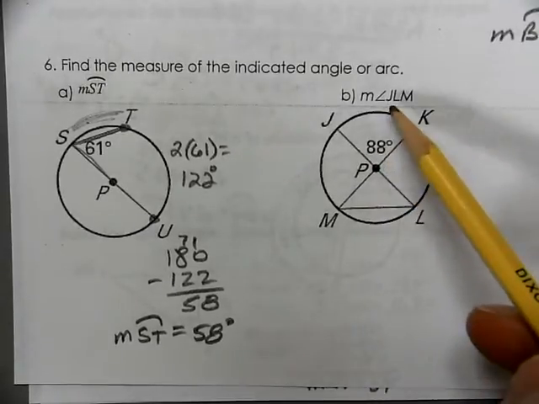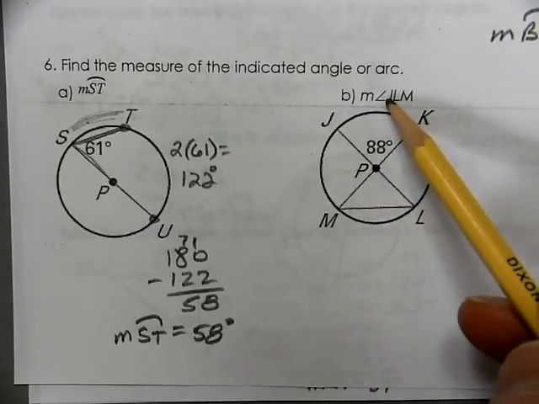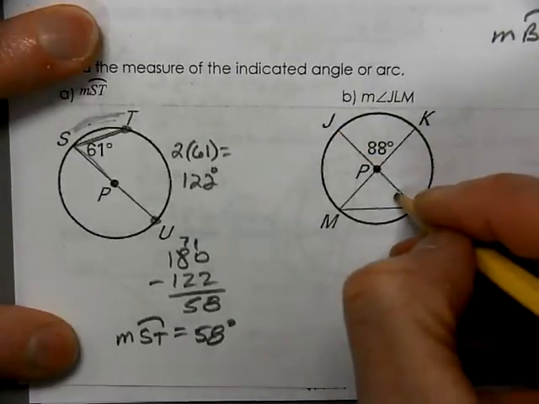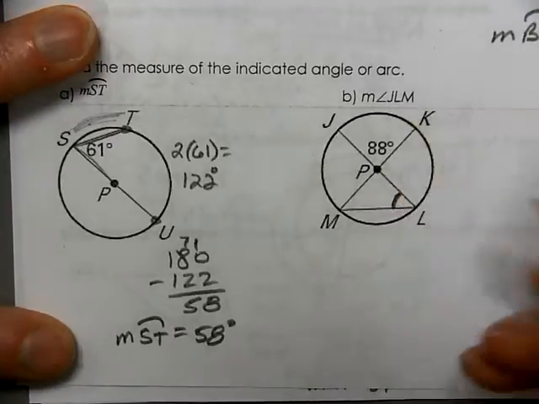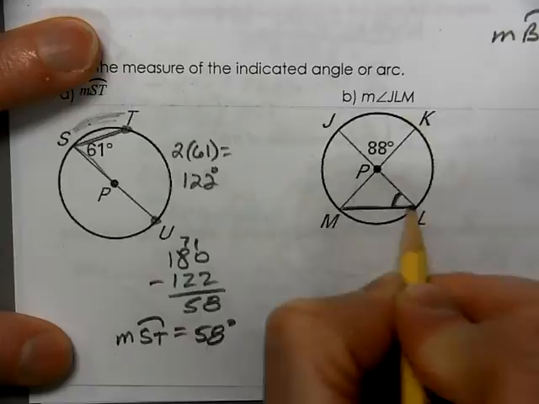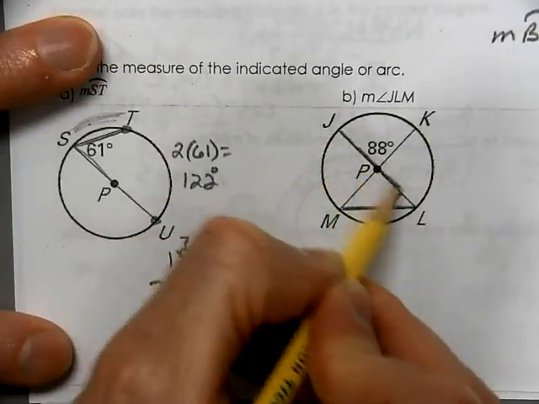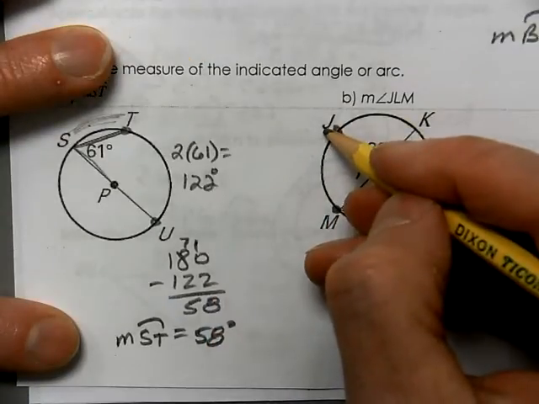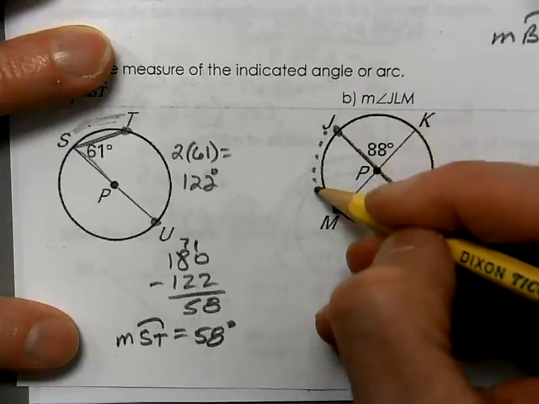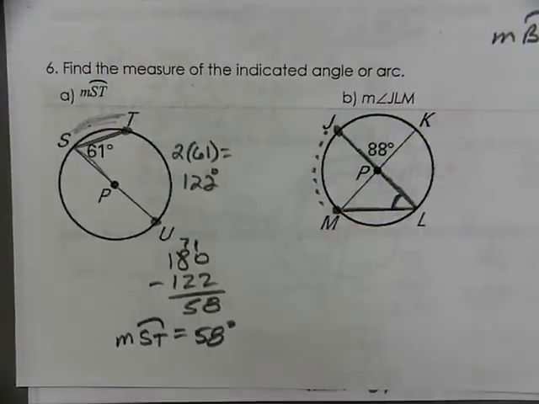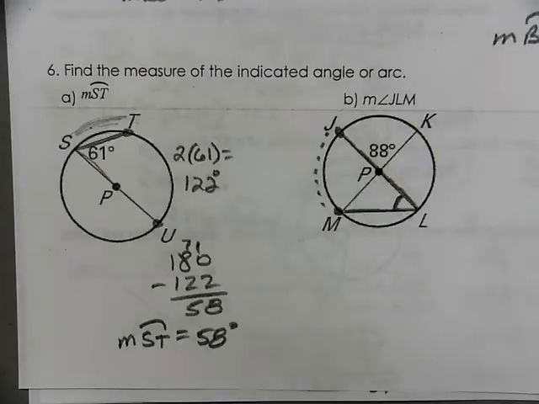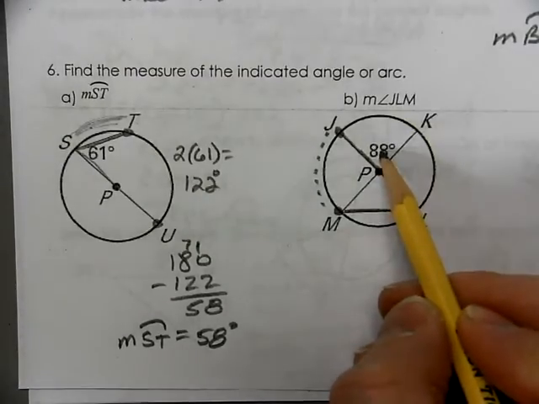Here we have 88. We're looking for the angle measure JLM. Here's what we're trying to find. It's an angle that opens up, touches at these 2 points. So if I knew this arc measure, then I could divide it by 2 to figure out the angle. This is 88.